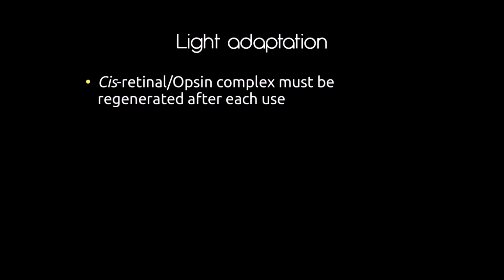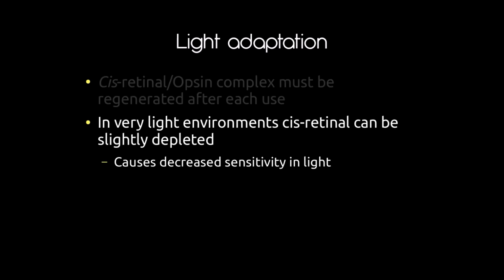Well, that's not actually such a bad thing, because in high light environments, cis-retinol gets depleted, which decreases your sensitivity to light. It doesn't take very much depletion of the cis-retinol to decrease your light sensitivity. In fact, a 0.6% reduction in the overall concentration of cis-retinol in your cells can result in a 3,000-fold decrease in light sensitivity.